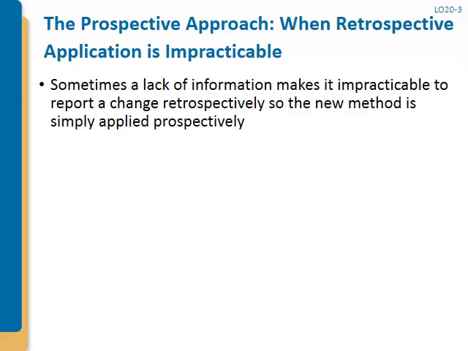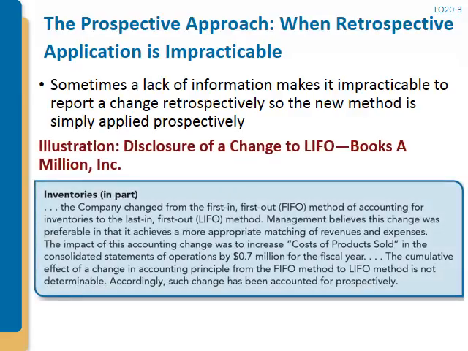Recall from your study of inventory costing methods that the LIFO inventory consists of layers added in prior years at costs existing in those years. If another method had been used, though, the company likely hasn't kept track of those costs, so accounting records of prior years usually are inadequate to report the change retrospectively.